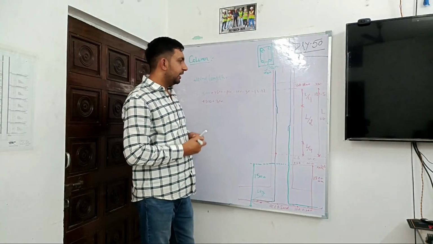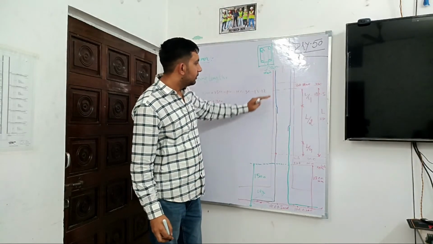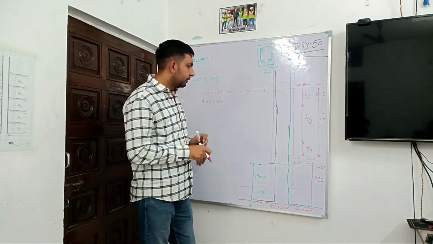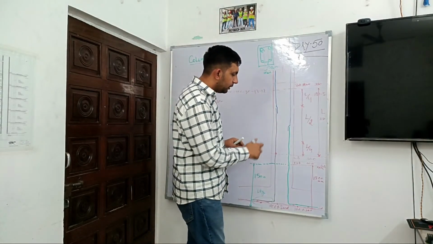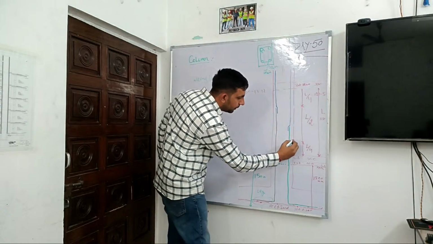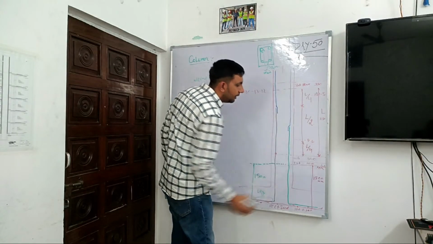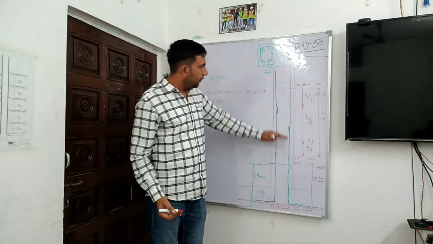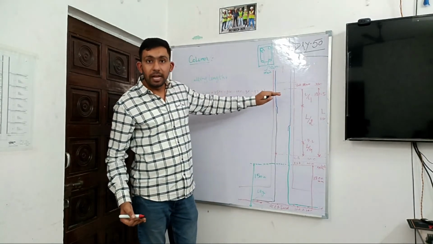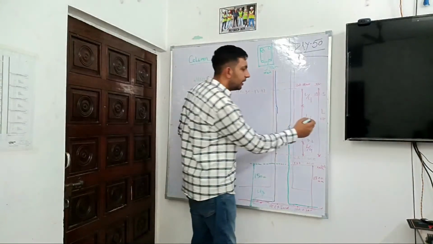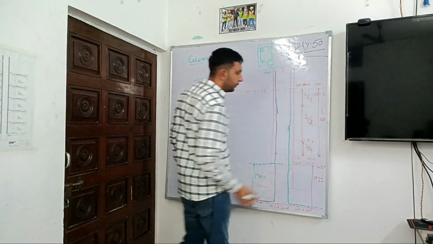And now we can see our slab height from this point, including a plinth level in between. This is our plinth level. So from the ground beam to the bottom of the slab, our height is, as I mentioned, 3150.